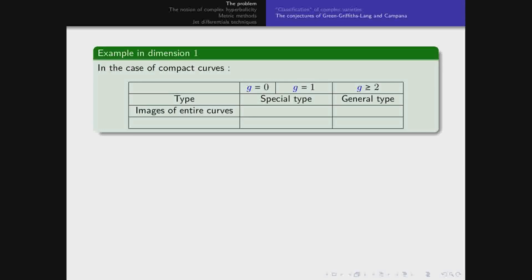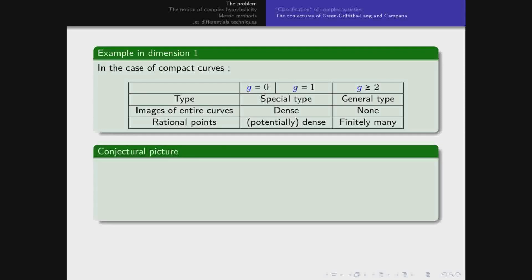And then we have Zariski density of the images of entire curves in the first case, and there are no entire curves in the second case. And for rational points, as I said before, if you assume that your curve is defined over a number field, it suffices to take a large enough number field to have density of rational points, so that's what I mean by potentially dense. And there are only finitely many rational points in the case of hyperbolic curves.